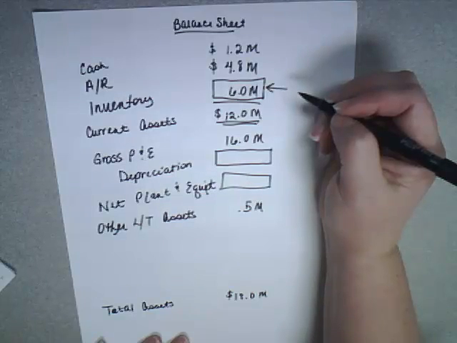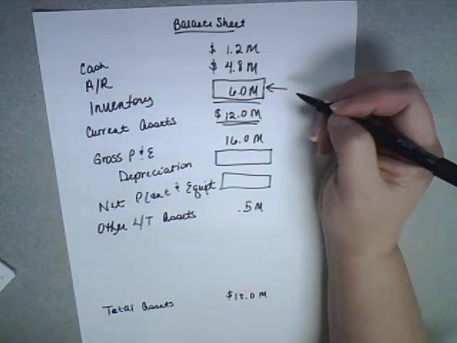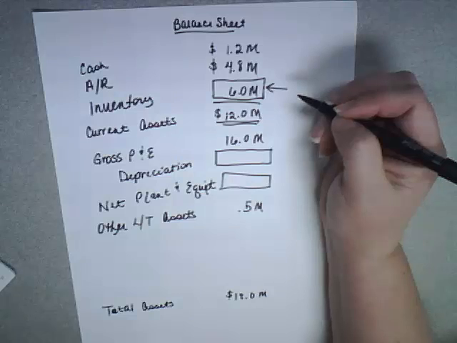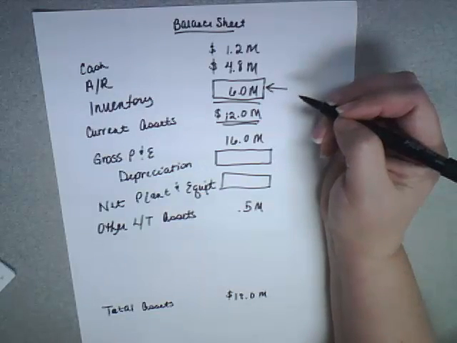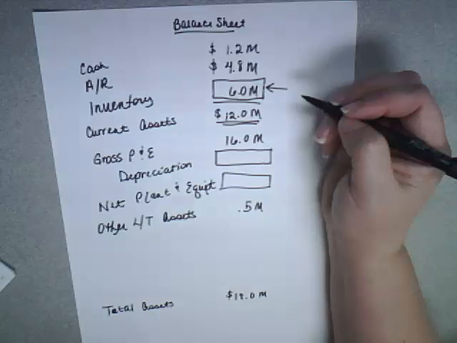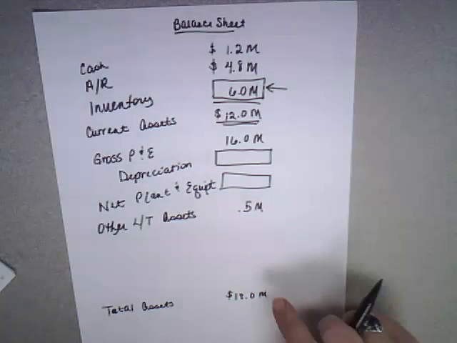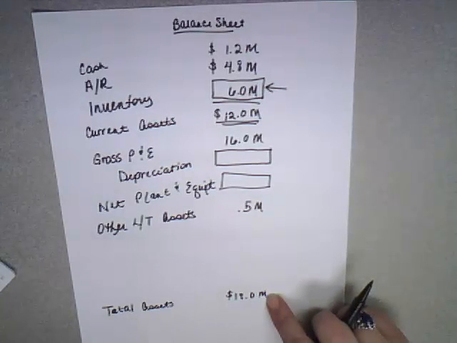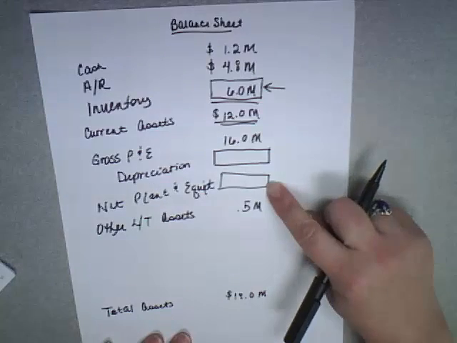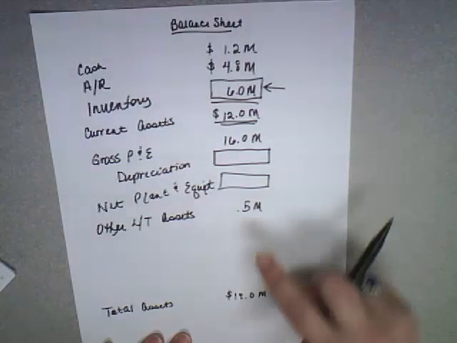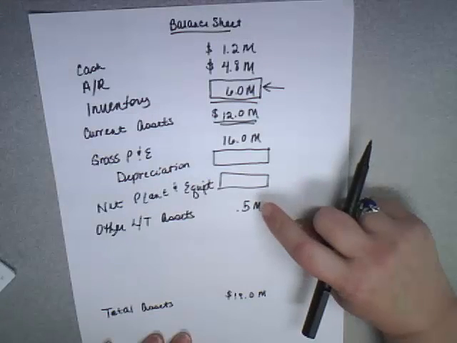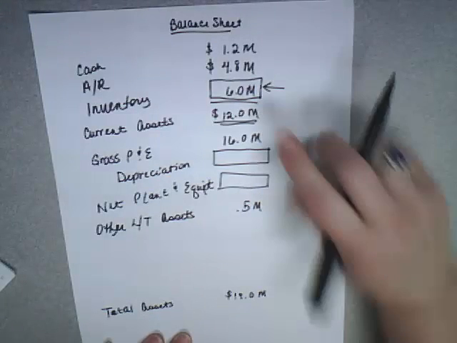Then it asks us to calculate our depreciation. When we're looking at that figure, since we know total assets equal 18 million, then our net plant and equipment is going to be 18 million minus other long-term assets and minus our current assets.